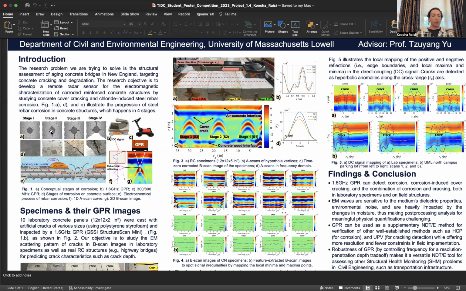And again, the process works like this: rust is created by this triangle of moisture, oxygen, and chloride ions that get in from, for example, salts.